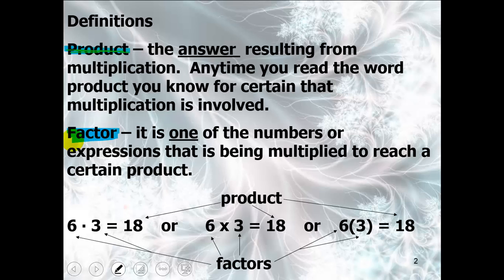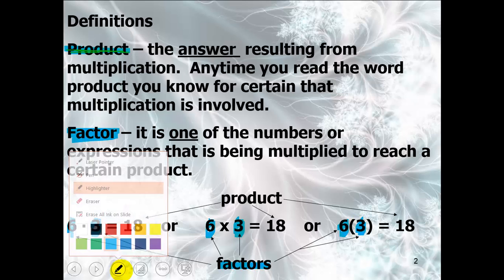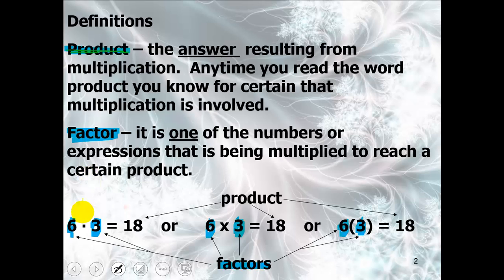So if you look at these 3 examples down here, the factors are the items being multiplied together. In each case, it's 6 times 3. I have these 3 examples here because I want you to see different ways that multiplication could be implied. We could use a dot, we could use an arrow, and we could use parentheses.